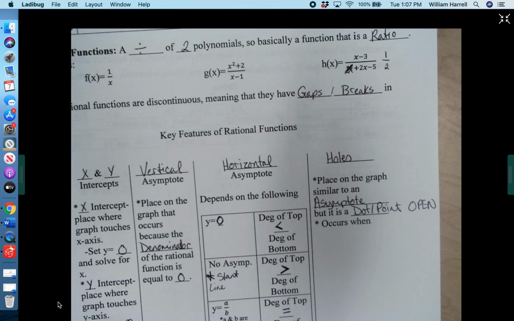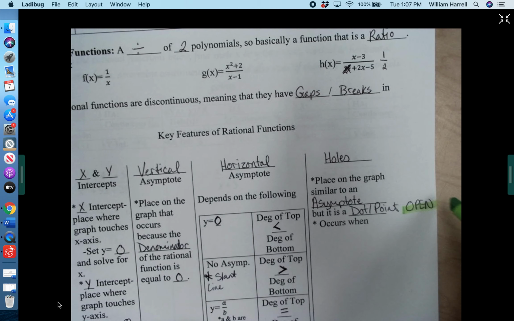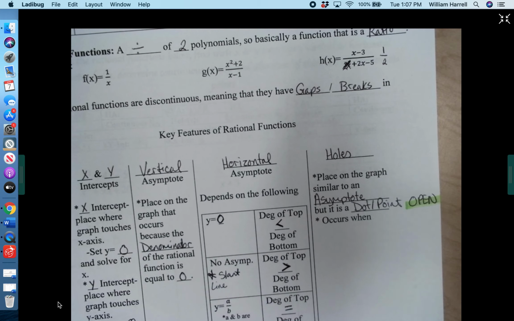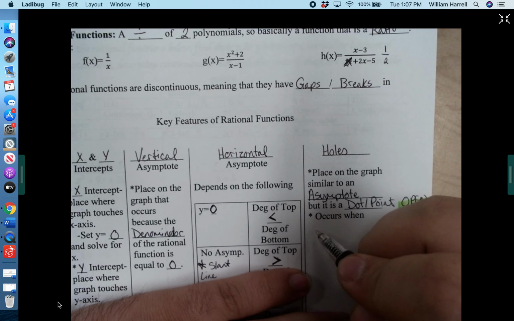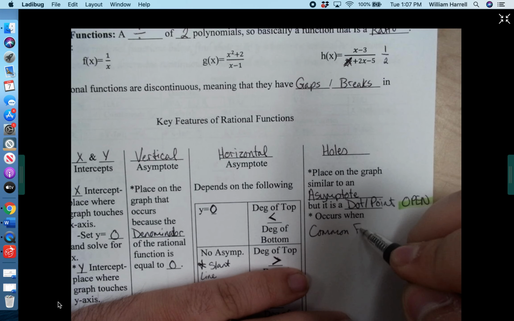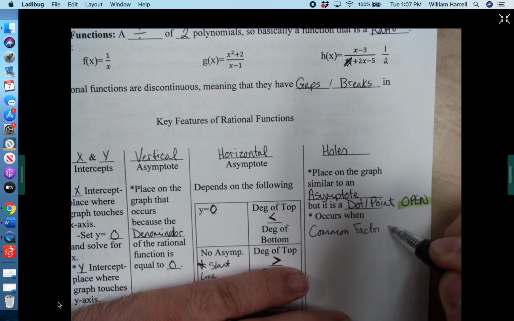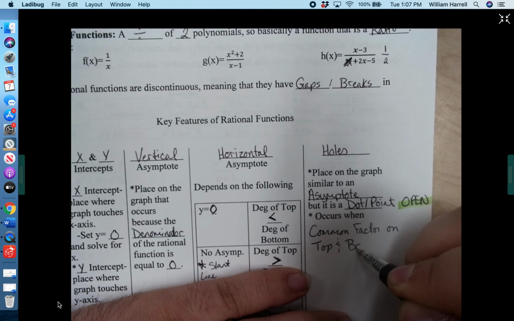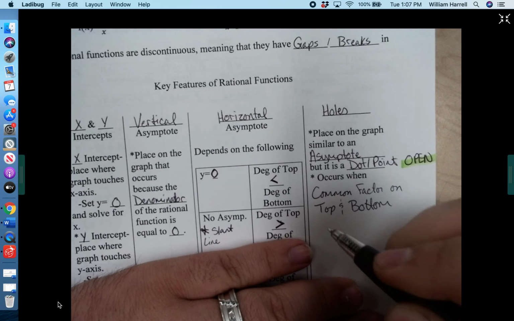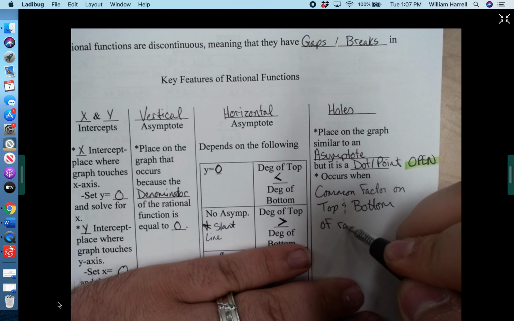Very, very huge right there. It's an open point on a graph. It occurs when you have a common factor on top and bottom of your rational function.